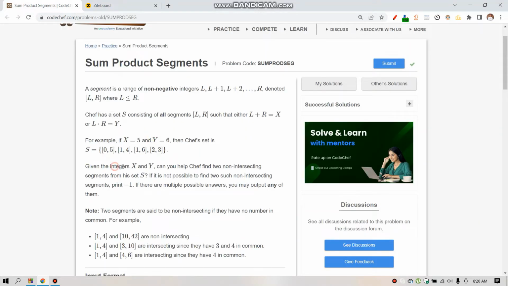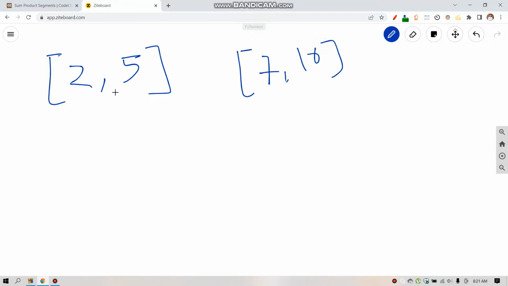So given the integers X and Y, can you help CodeChef find two non-intersecting segments from his set S? Now what is a non-intersecting segment? Suppose there are two segments, 2, 5 and 7, 10. These two segments should not have any common element.